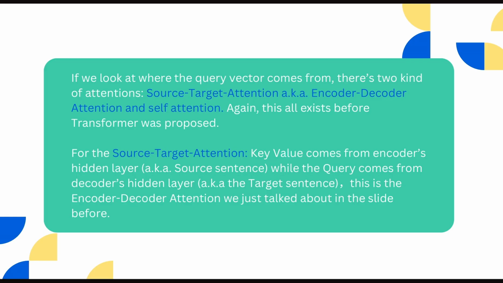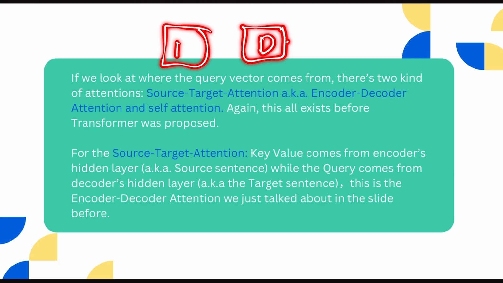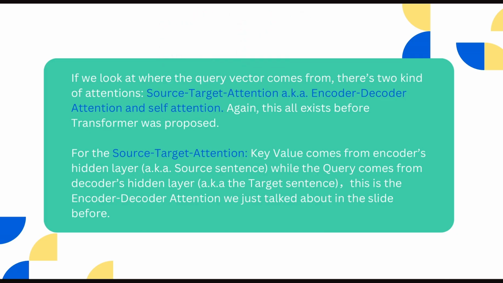So the query comes from the decoder's current state, and the key and value come from the encoder's output. This generates the question, that is the query. This mechanism is crucial for tasks like translation, where the output sequence needs to be aligned with the input sequence.